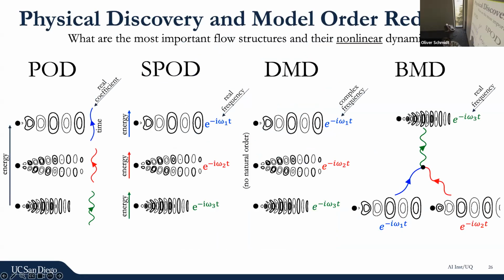So these are the three we discussed. This on the right here is kind of an earlier attempt, 2022, to derive a decomposition that provides us the triadic interaction of different modal components of the flow, spectral components.